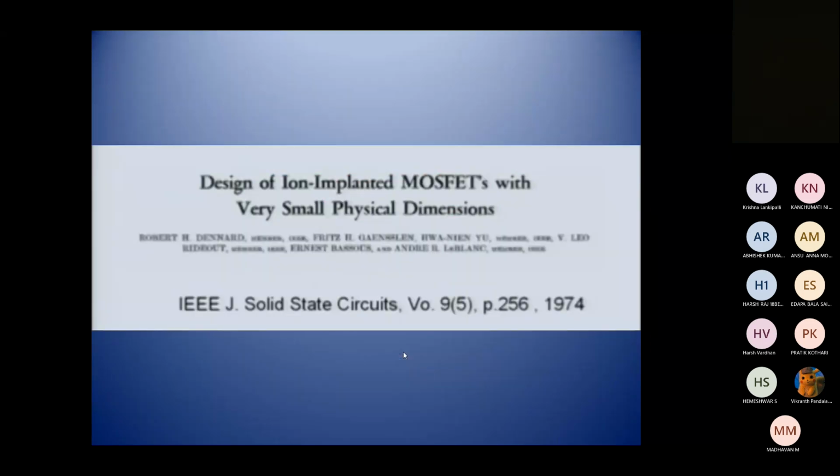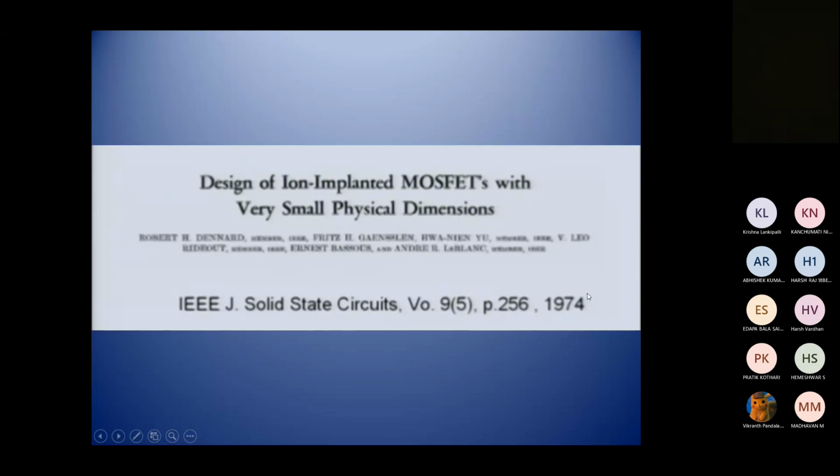Now, whenever you find free time, just go through this article. It's a very famous article, and it played a significant contribution to the scaling of devices as far as CMOS technology is concerned. The paper is entitled the design of ion-implanted MOSFETs with very small physical dimensions. Okay, you just check. This paper was published in the year 1974.